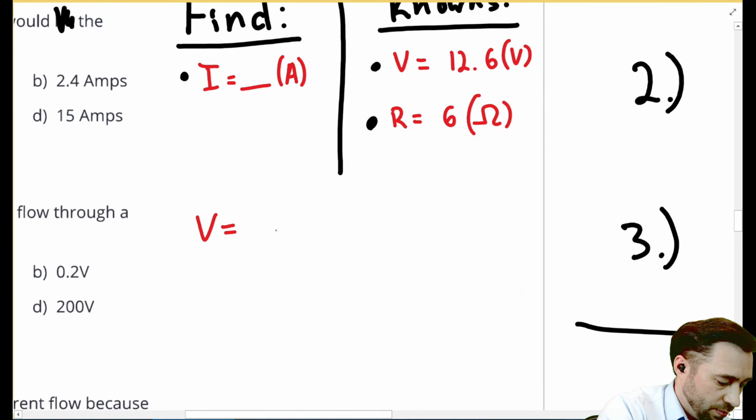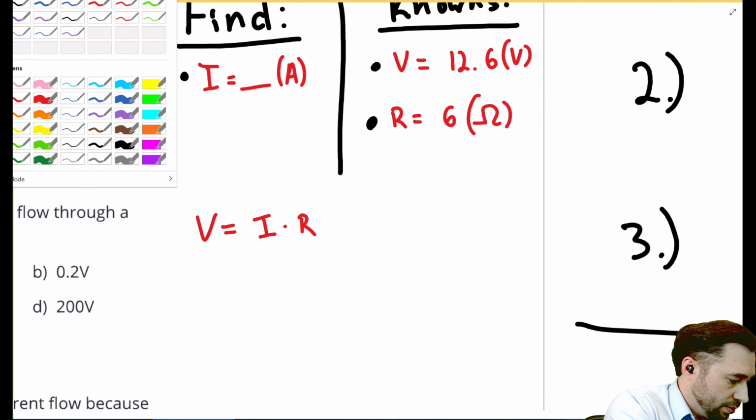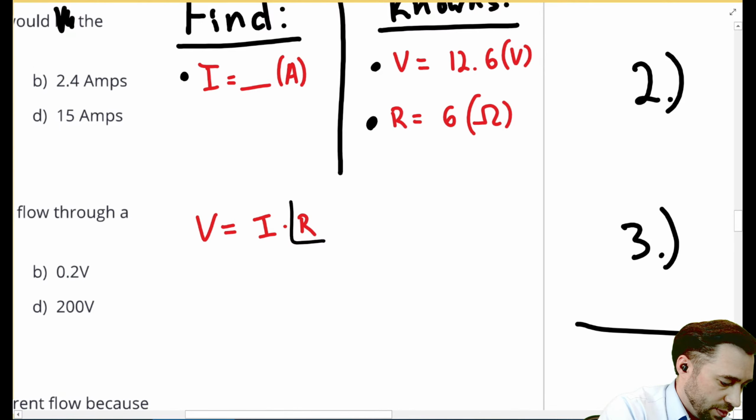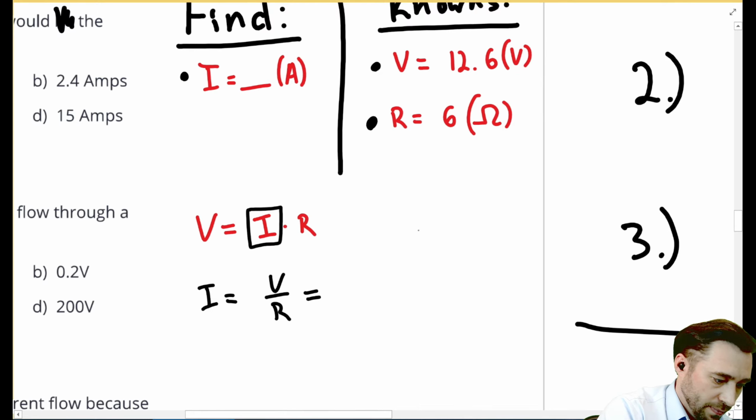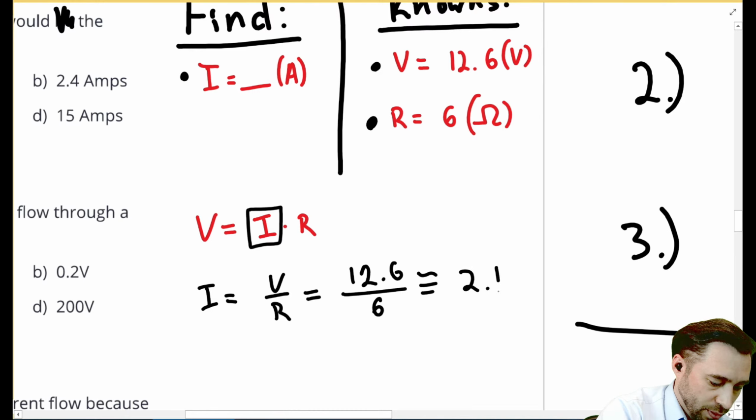So V equals I times R. I'm asked to solve for a current. So we end up getting current equals V over R. My voltage is 12.6 divided by 6, and that's going to be approximately 2.1 amps.